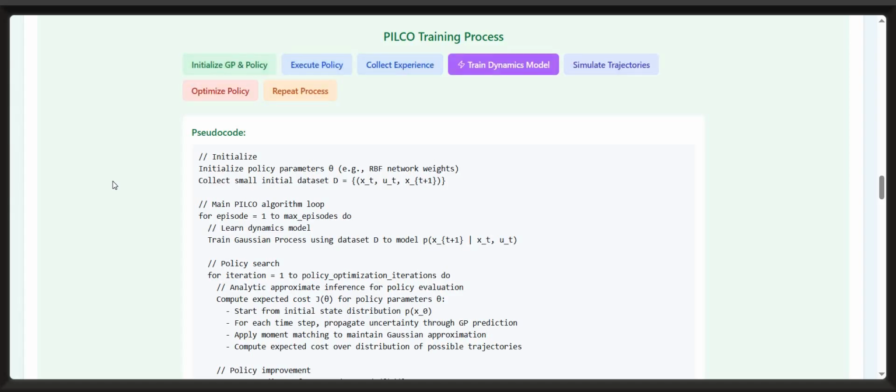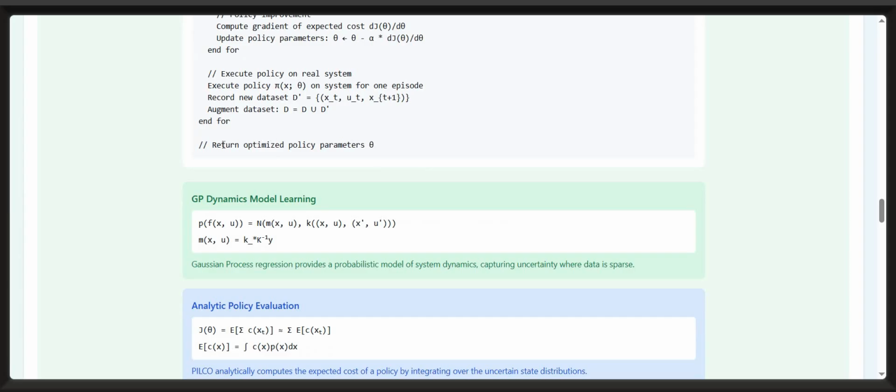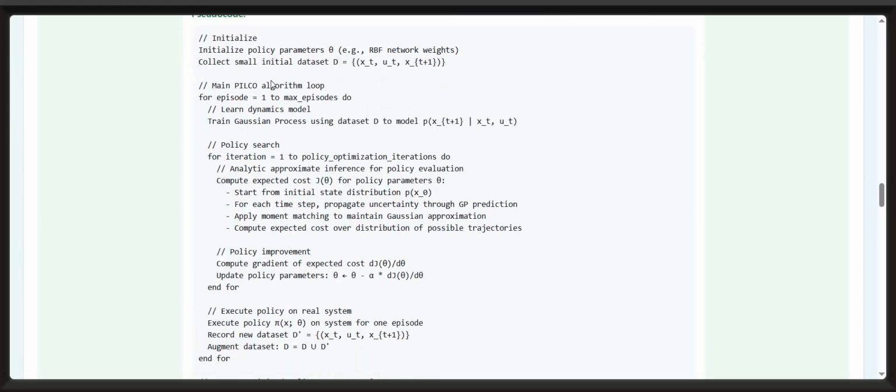But more importantly, we are also using this model to predict distributions, not just fixed numbers. And here is the pseudocode, what's happening here, and here the GP dynamics model learning, and here other things.